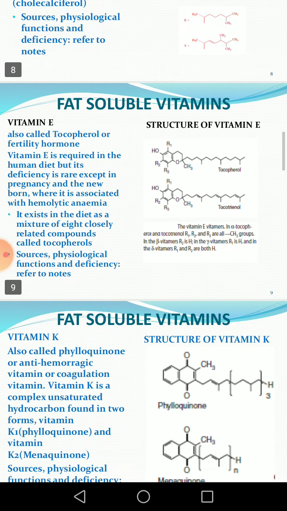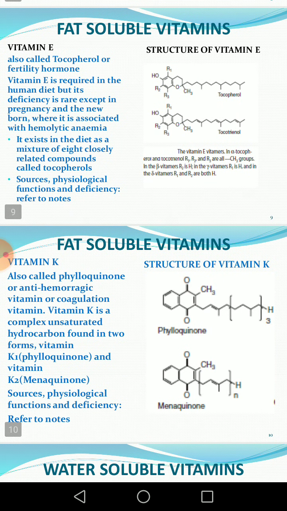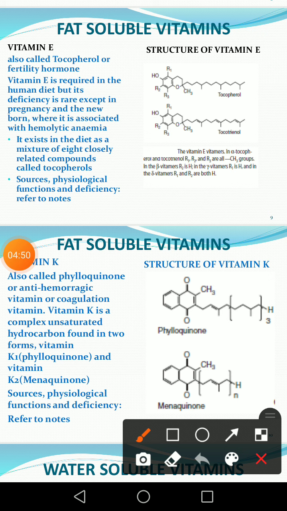Fat soluble vitamins, vitamin E and vitamin K. Vitamin E is also known as tocopherol or fertility hormone. Vitamin E is required in the human diet, but its deficiency is rare except in pregnancy and the newborn, where it is associated with hemolytic anemia.